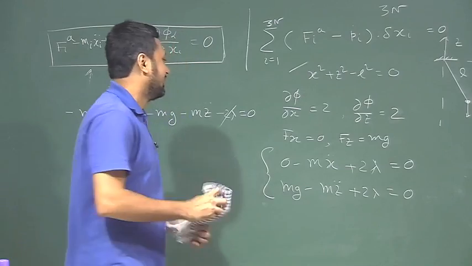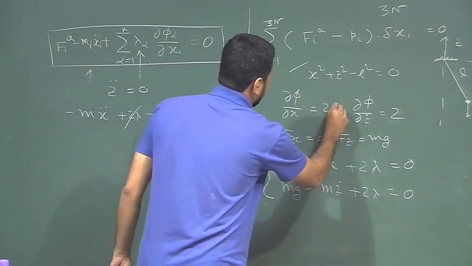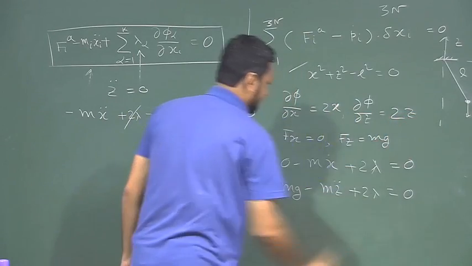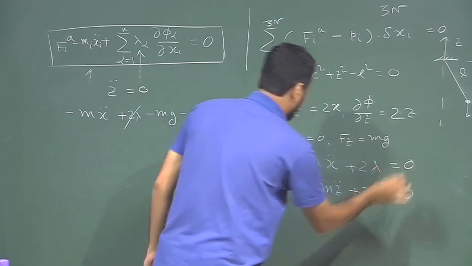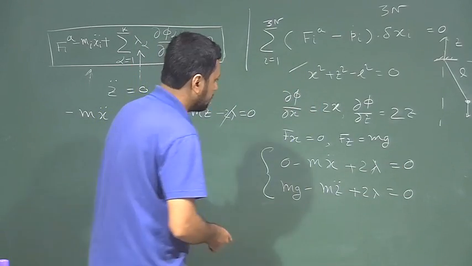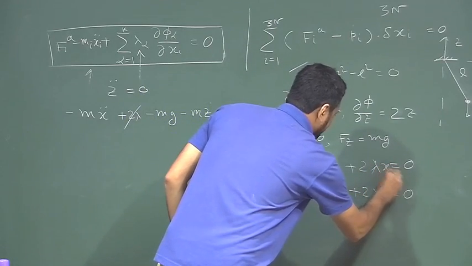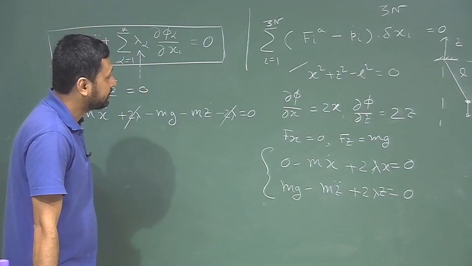Sorry, it's a terrible mistake. It will be 2 lambda x and 2 lambda z, yeah. Now, this makes more sense, right.